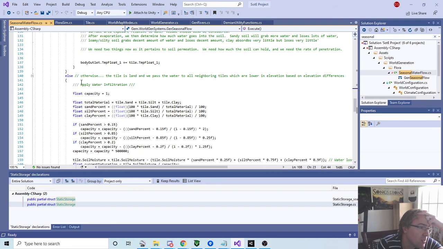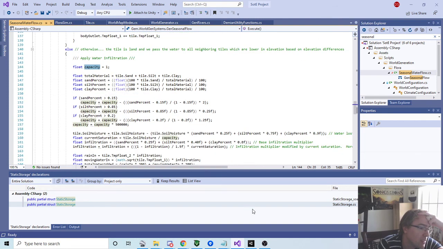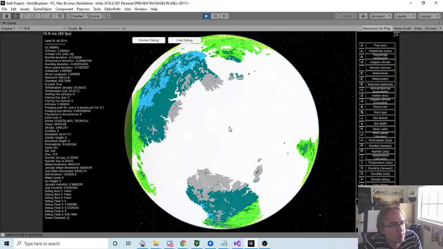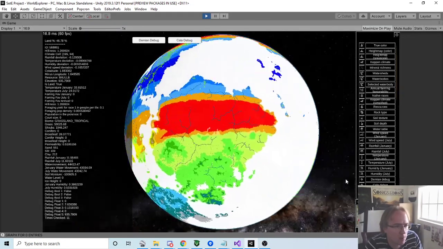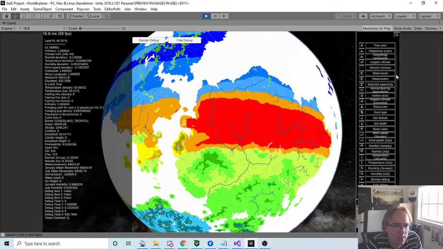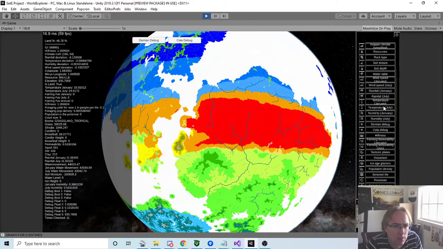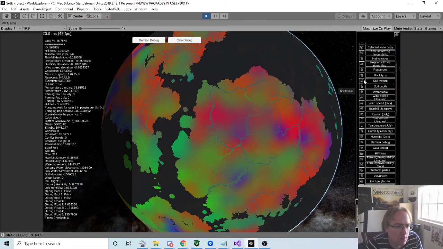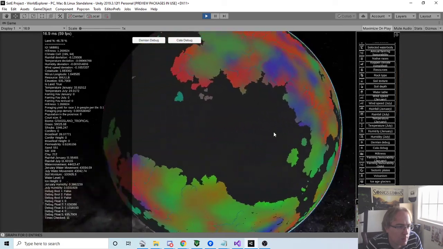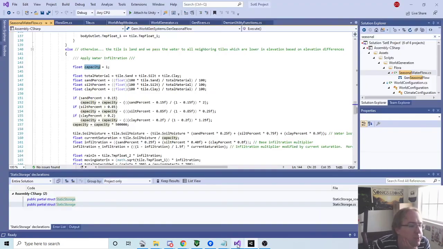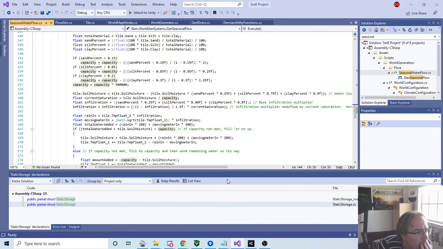If land is false, we calculate capacity. Let me see if I accidentally borked soils. No, looks normal. Alright, that's not the problem, because I had messed with soils a little bit. Ooh, I know what might be happening.